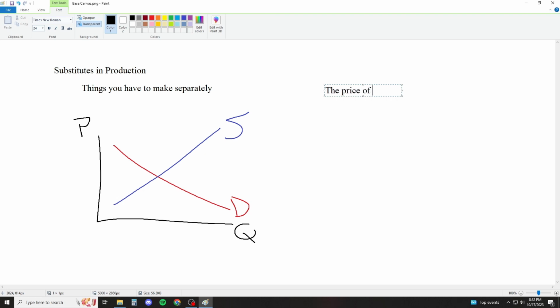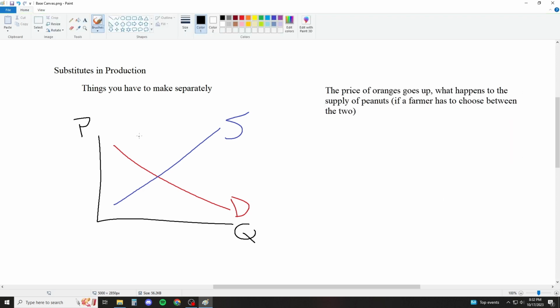The price of oranges goes up. What happens to the supply of peanuts? And then this is like the thing I'm assuming, and I'll just write it out for you guys. If a farmer has to choose between the two. Okay? All right. So we're looking at peanuts over here.